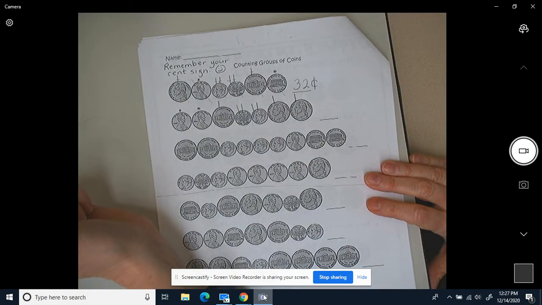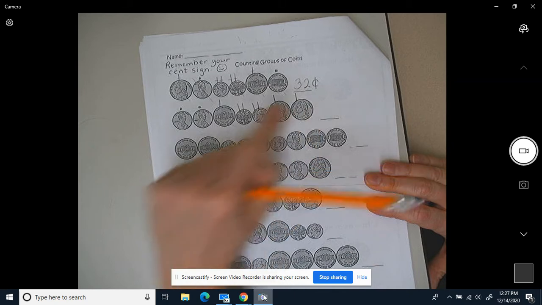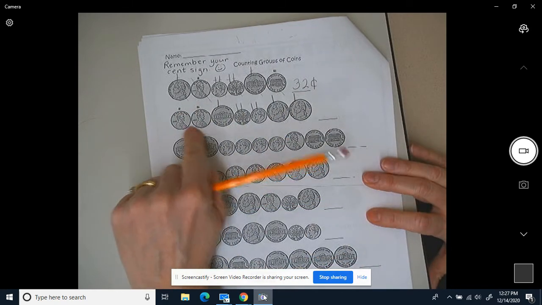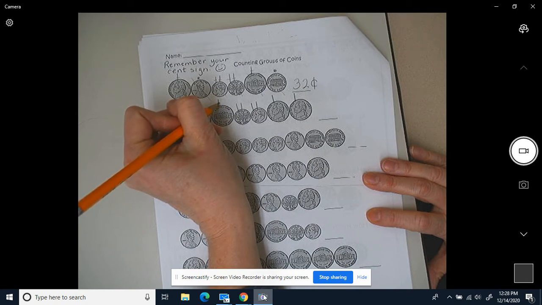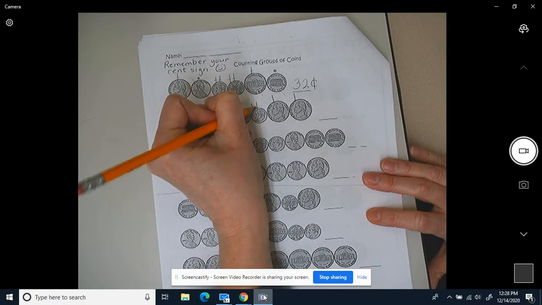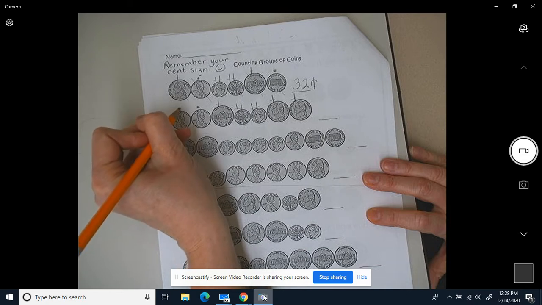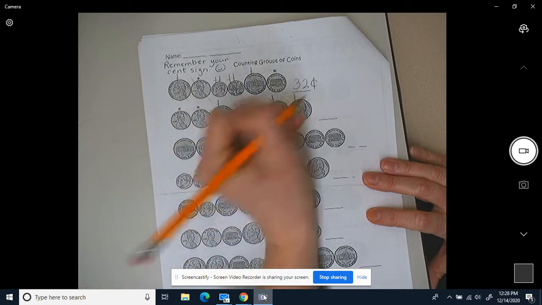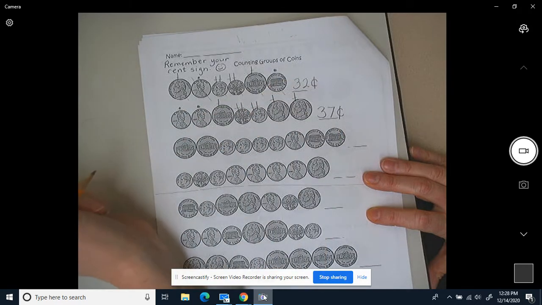Okay, hairy money time. Remember, I count my hairs first by 5s, and then after that I freeze, and then I count by 1s. So let's do it. Count with me this time. 5, 10, 15, 20, 25, 30, 35, freeze, 36, 37. 37 cents.